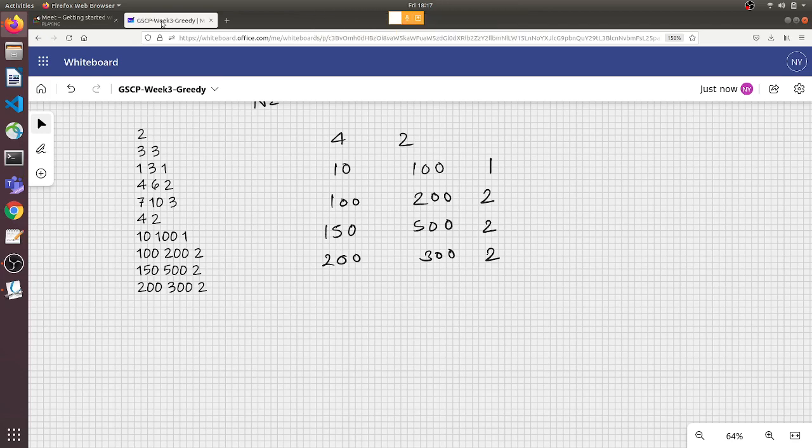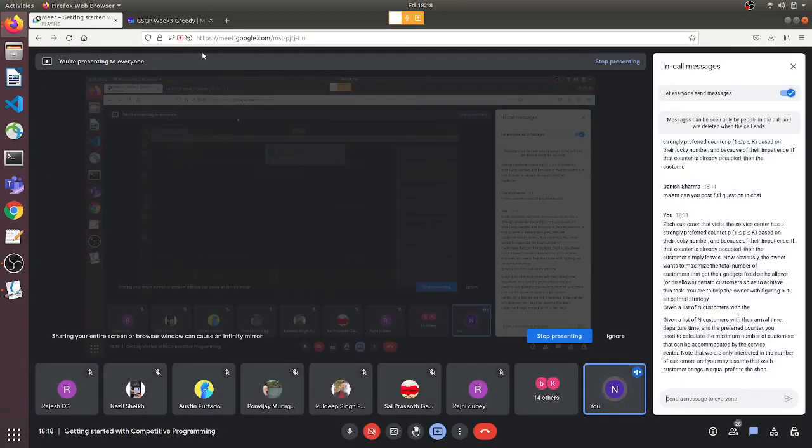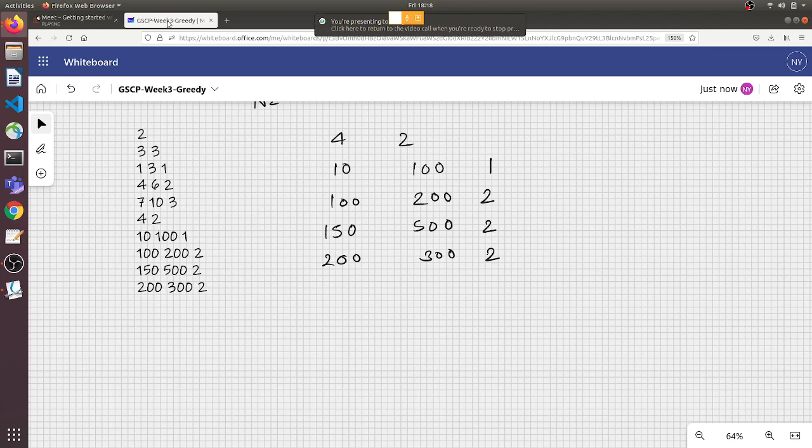And so now for this example, we can see that one customer is coming for counter 1, and 3 are coming for counter 2, right? So there is only one customer for counter 1, so we can definitely serve the first one. Now for these 3 we need to check.